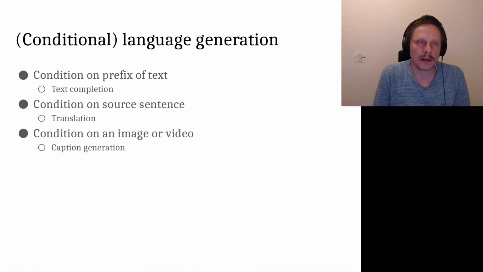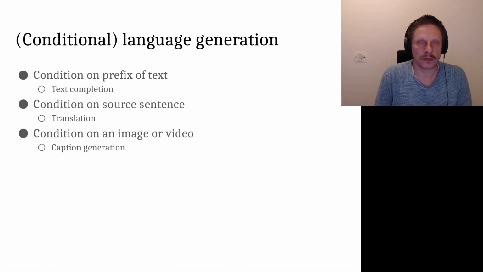So if we condition on a prefix of text, we can do text completion. We can start a sentence and ask the network to just continue generating new words, predicting the next word, and then feeding that prediction back into the network and asking it to continue. That can be useful in some cases.